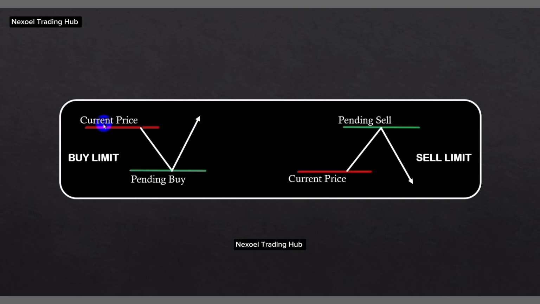So what this is showing you is currently this is where price is at, but you don't want to execute your trade at the current price. So what you do with the buy limit is that you set it below the current price. Meaning when the market returns to the downside, the market would activate your pending buy, and then you will be activated into the buy move which you have been anticipating and placed a pending order for.